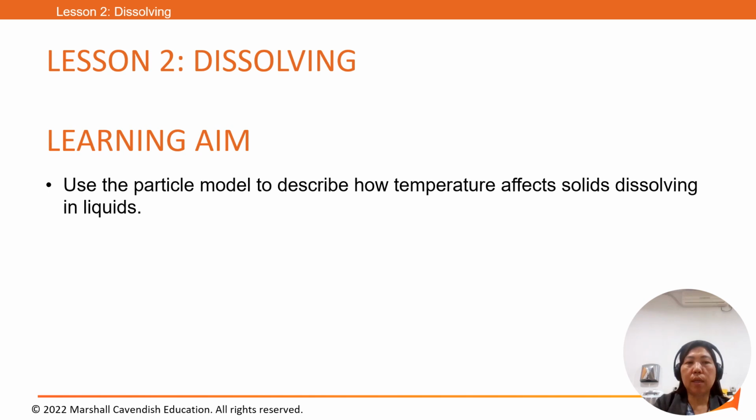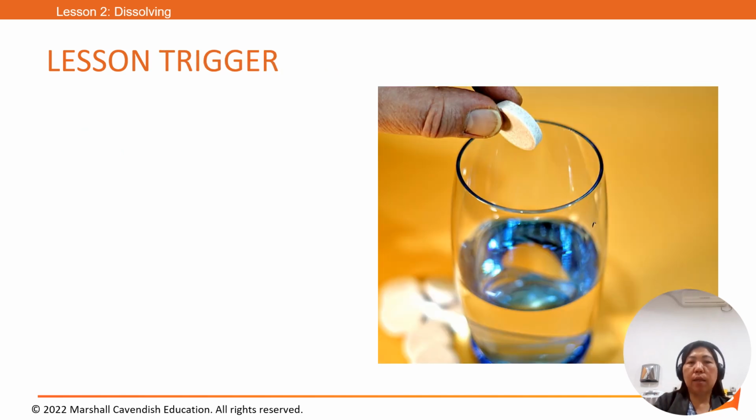Now, lesson 2, dissolving. In this lesson, you're going to use the particle model to describe how temperature affects solids dissolving in liquids. Now, to introduce this lesson, let's see the example in this picture.